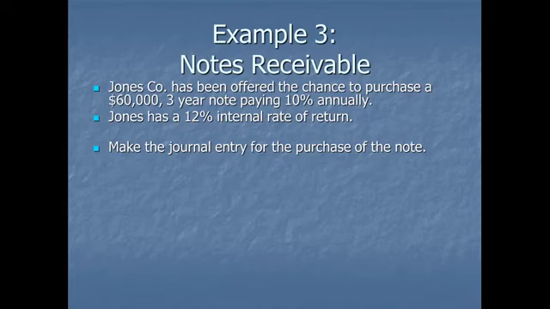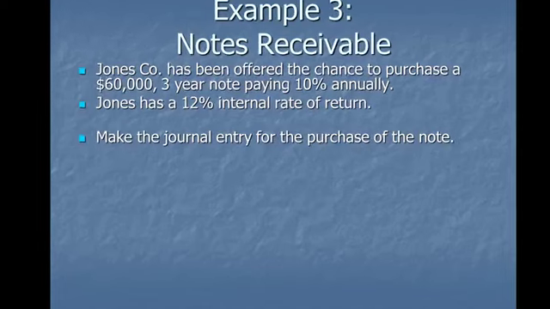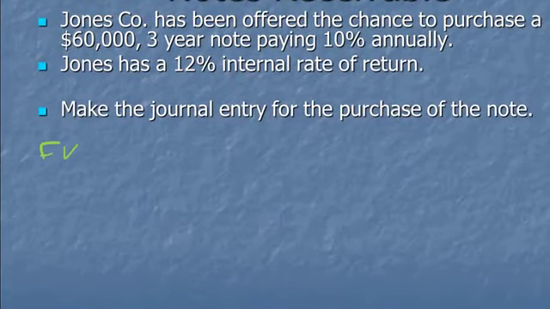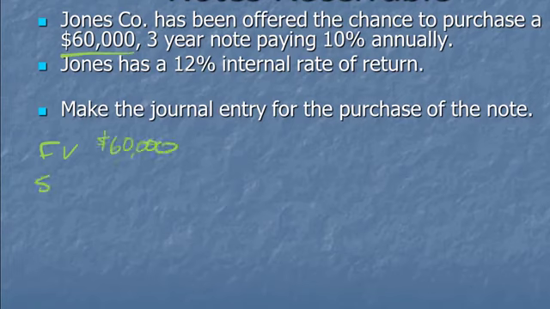Now before we can do that, we need to start off with the important information. And anytime I do a present value calculation, I always gather the necessary information. So we start with the face value, that's this amount, the amount we're going to get at the end of the period. Next, I want my stated rate, and that's the amount that it says it will pay. So that's this 10%.